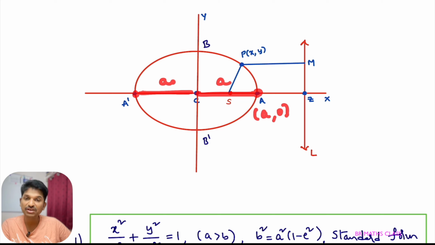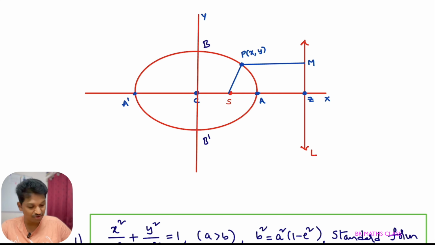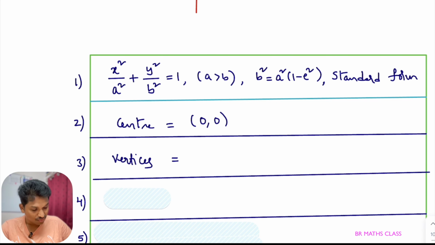This length is also A because C is the midpoint of AA dash, that we learned in the derivation. What is the other vertex? The other vertex is A dash, which is minus A comma 0. So, in the standard form of the ellipse, the vertices are plus or minus A comma 0. We'll write that. Vertices are plus or minus A comma 0.